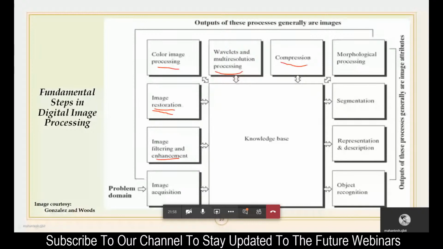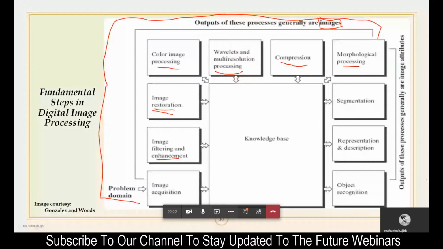So the output of representation and description is given to object recognition. Recognition is the process that assigns a label. For example, the representation and description is given to object recognition and it labels an image as a car or a bus or any vehicle, based on its descriptor.